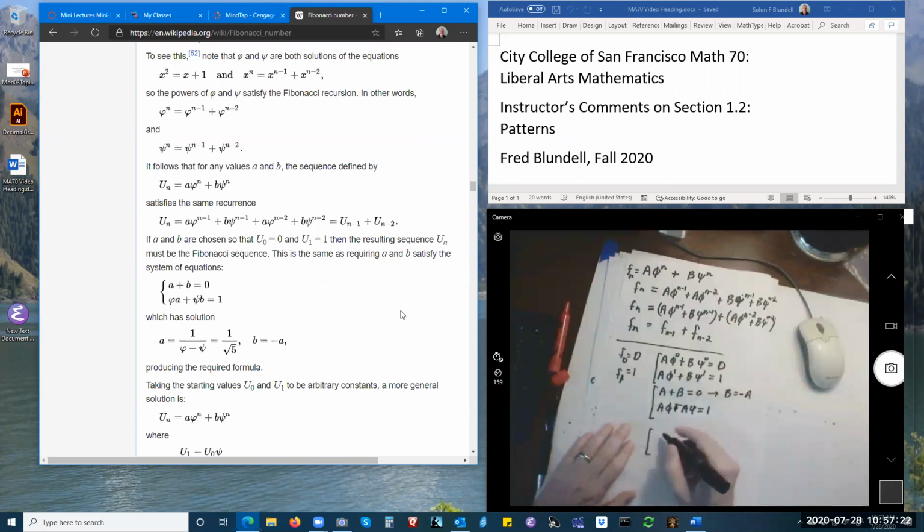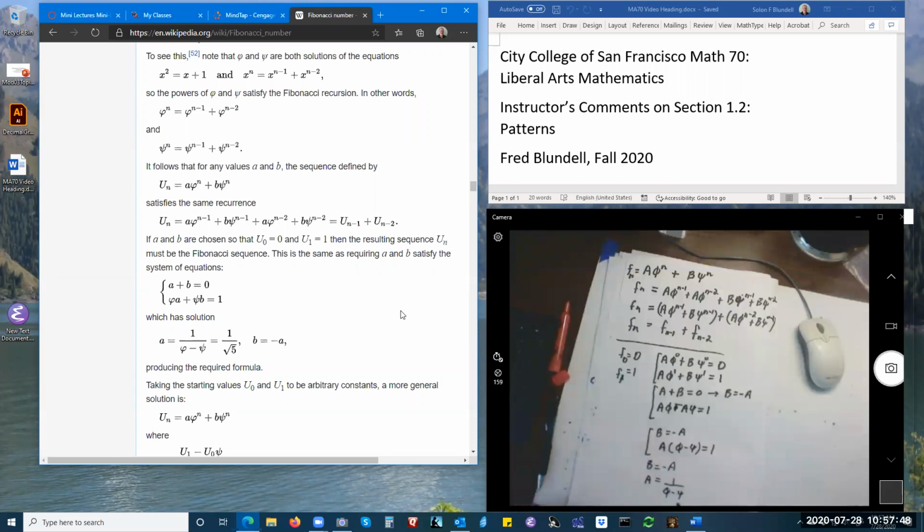Okay. So B is the opposite of A. And A times phi minus psi equals 1. So B is the opposite of A, and A is 1 over phi minus psi.